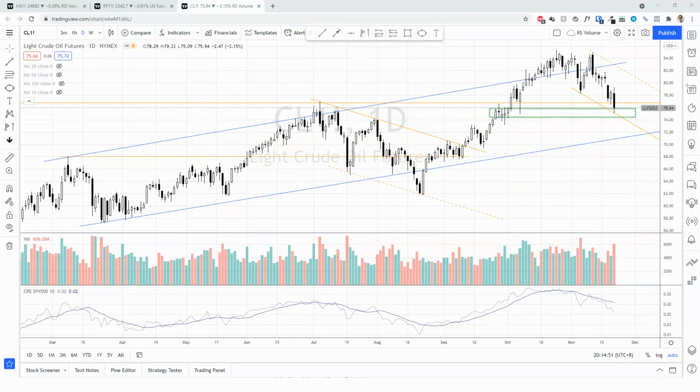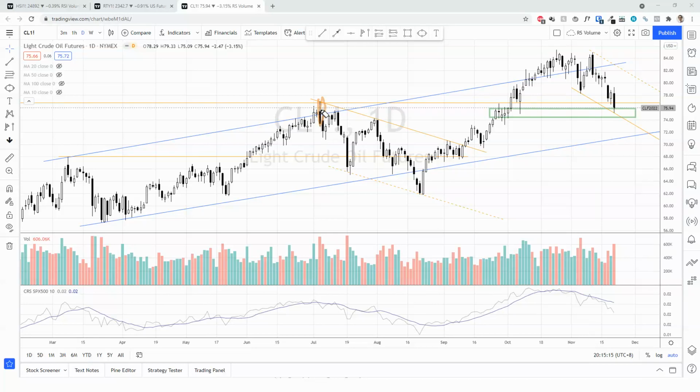First of all, there is something very similar here. This is also a channel overbought. It hit the overbought of the channel, and here you also hit the overbought of the channel. In terms of the change of character bar, I would say probably this bar there, which I highlighted.